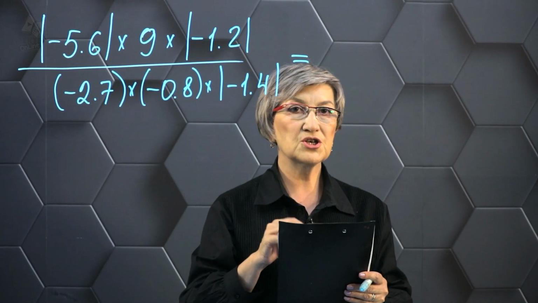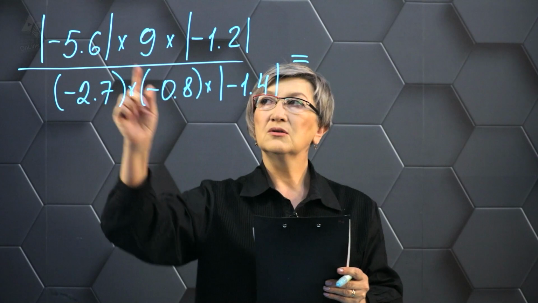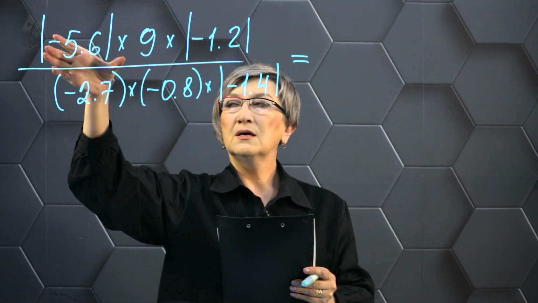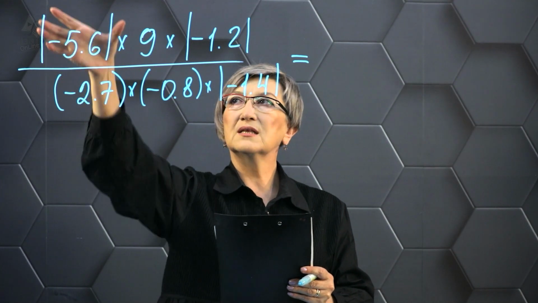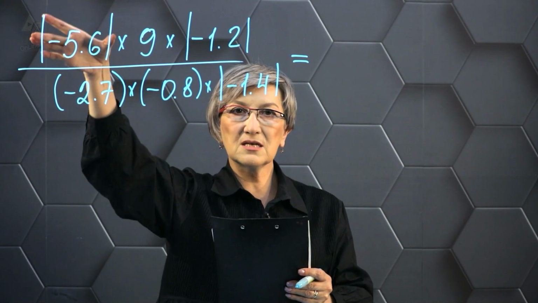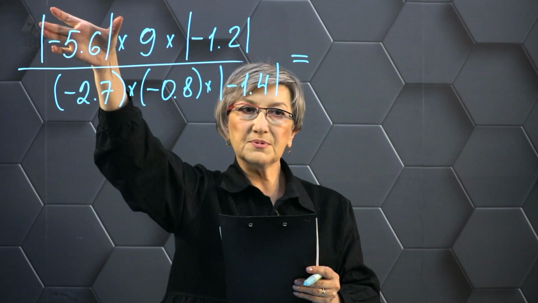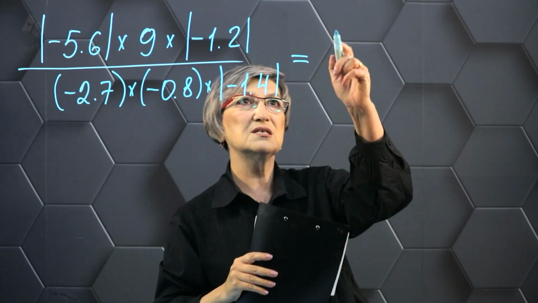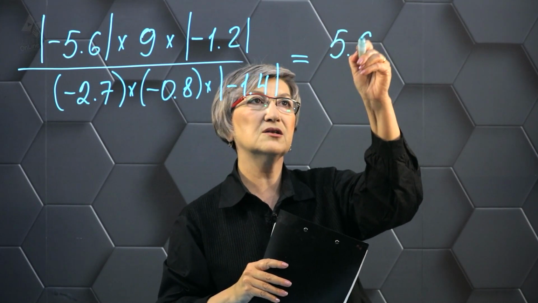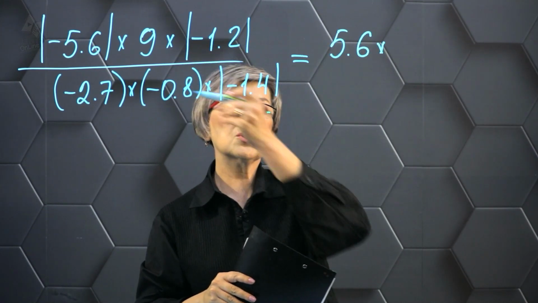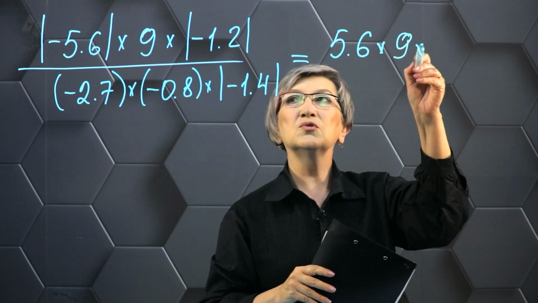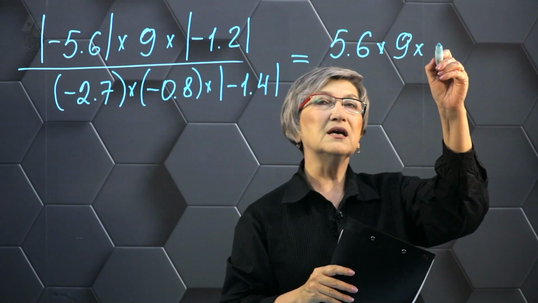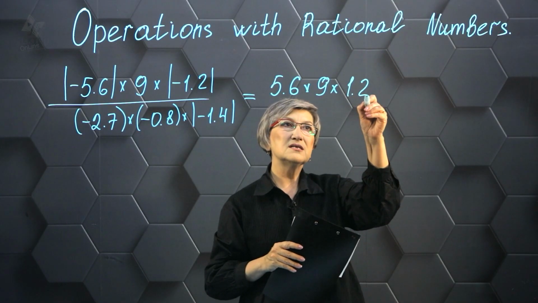So in order to solve this example, first of all we need to find the absolute value. The number is minus 5.6. Notice the parentheses here. And then it's an absolute value. So the absolute value of the number minus 5.6 is the positive number 5.6. Multiply. The number 9 doesn't change, and multiply by the absolute value of the number minus 1/2, and that's 1.2.